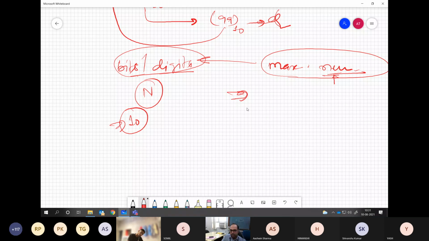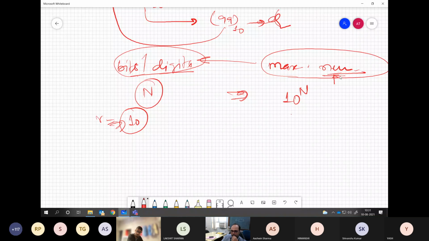Can you tell? So 10 to the power n. That is correct. That is the total numbers we can represent.